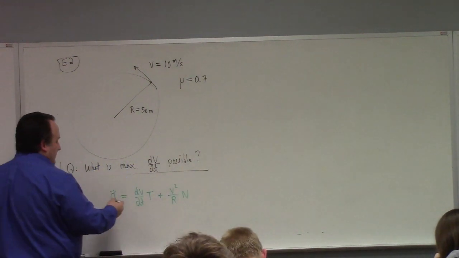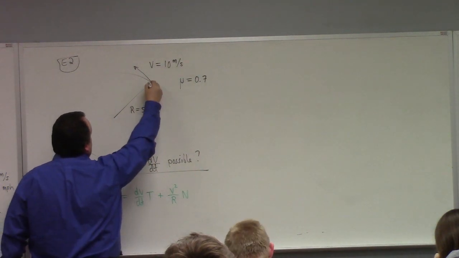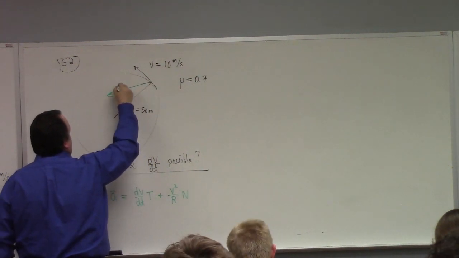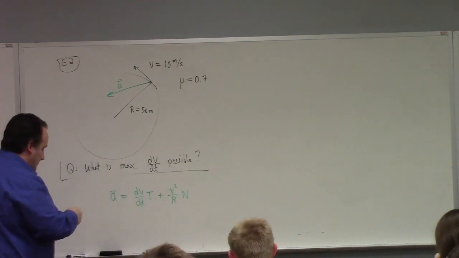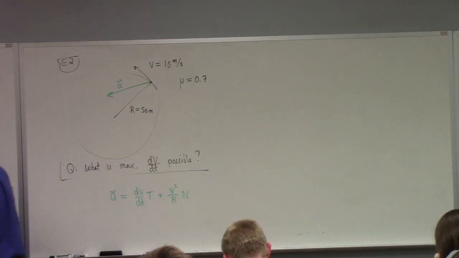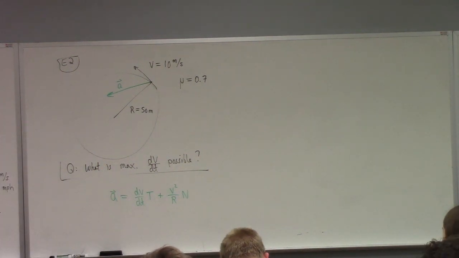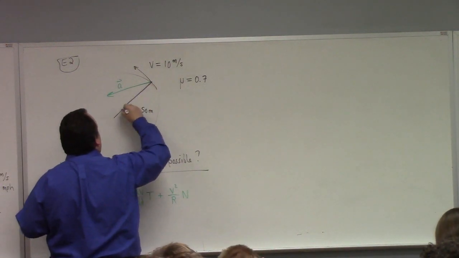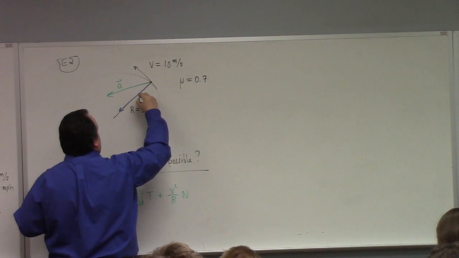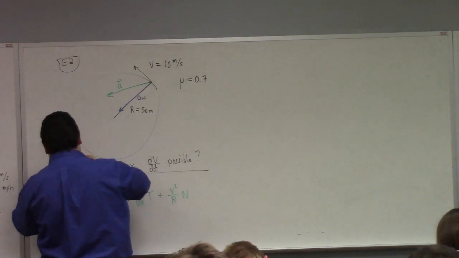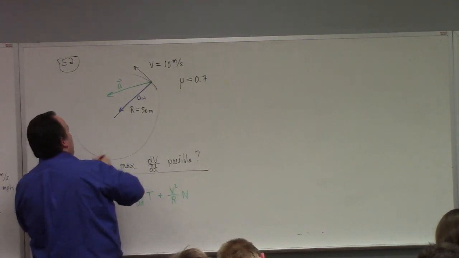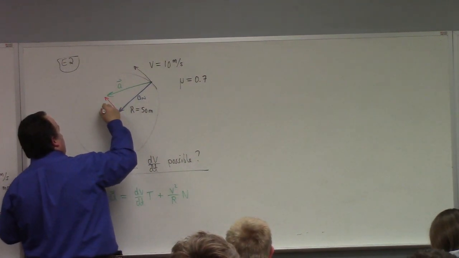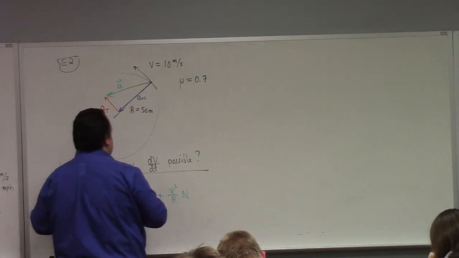So the two pieces to the acceleration, if it's non-constant speed, are the tangential and the normal, or if you like, center seeking. The center seeking, which we were just studying in the last example, is your a sub n. Over here, you've got your a sub t, the tangential piece.